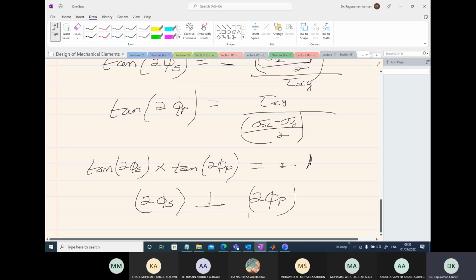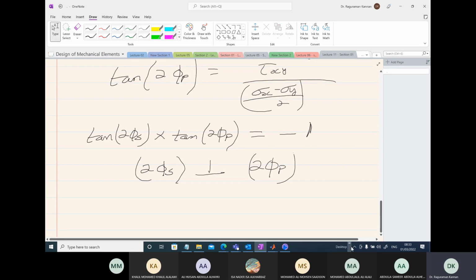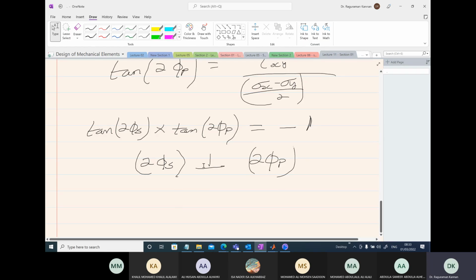All right. So this tells us that the angle phi s is basically phi p plus or minus 45 degrees.